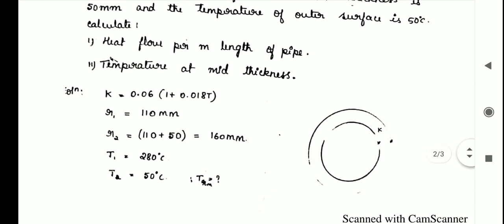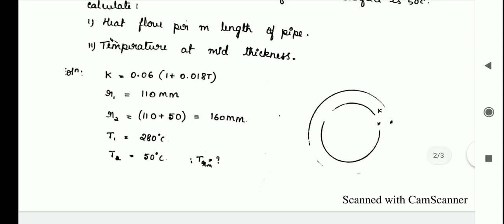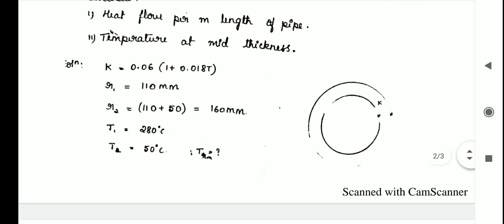So K is 0.06 in the bracket 1 plus 0.018 times T, and the radius is given, that is R1 inner radius 110 and R2 is 110 plus 50, that is thickness, which is equal to 160. So T1 and T2 are 280 degrees Celsius and 50 degrees Celsius. Here we have to find the temperature at the middle, that is Tm.